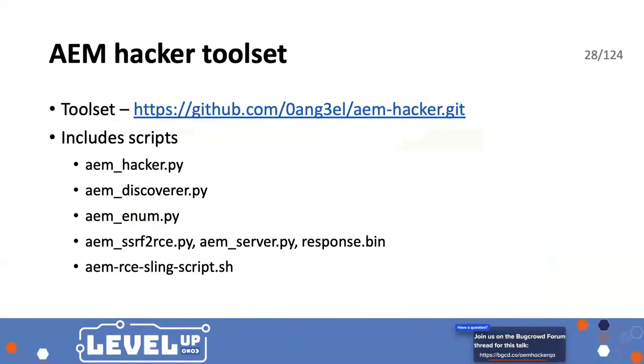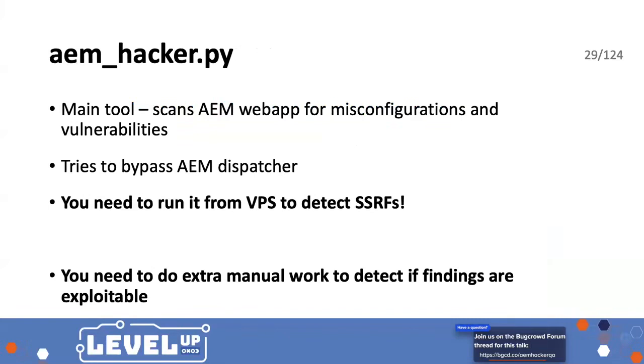Another project is AEM Hacker Toolset. It includes several scripts written in Python. The main tool is aem_hacker.py. It scans AEM target for known vulnerabilities and misconfiguration. It implements AEM dispatcher bypass techniques I've described earlier.